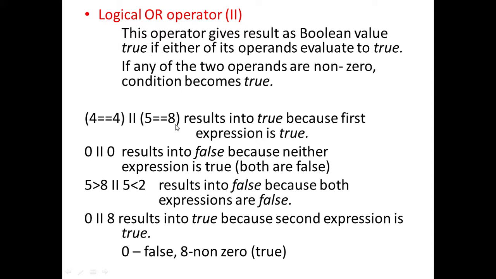If this is true, then also we will get true as answer of the whole or, if this is true, then also we will get true. If both are true, then also we will get true. It will only give false when both are false. If any one is true, then it will give the value as true.